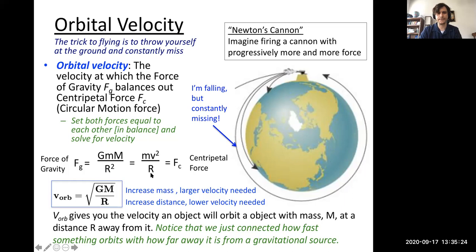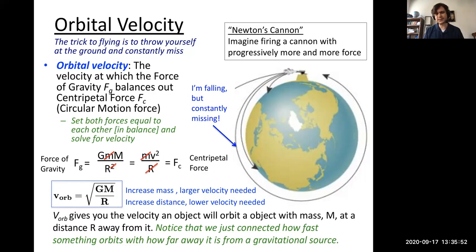And let's just set them equal to one another, cancel some stuff out, and then rearrange and solve for the velocity where these two forces, what's trying to throw you away from the Earth and the force pulling you towards the center of the Earth, are in balance so that you're not moving towards nor away, you're just orbiting, and you come out with this equation for orbital velocity.